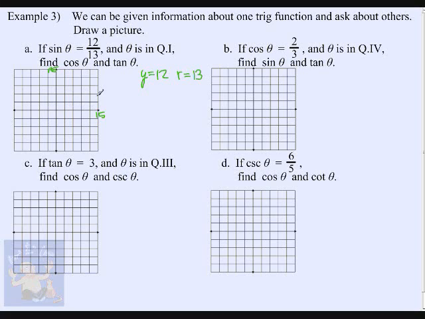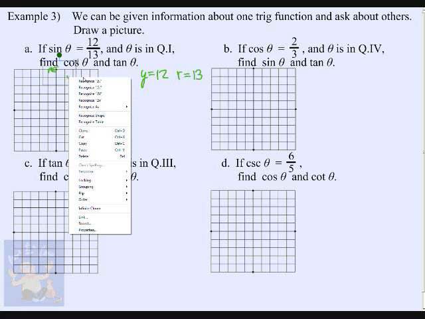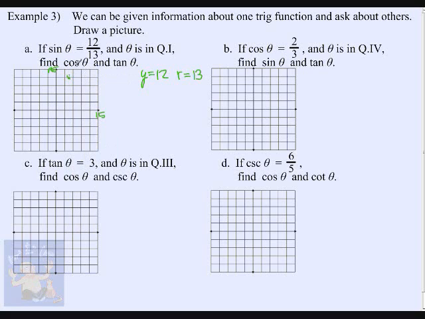My y is equal to 12, which means it's right up here somewhere. And my r is equal to 13. So let me put my point. Oh, I wish it would stop doing that. Put my point right here. I'll make it a big point.